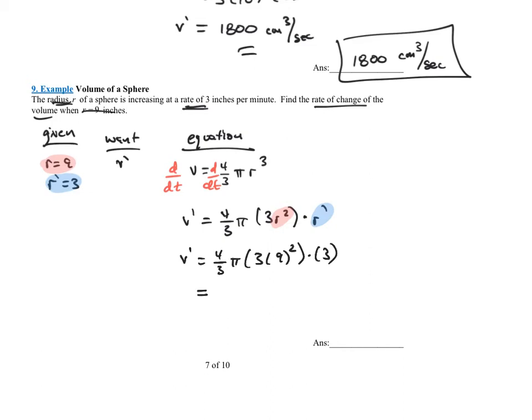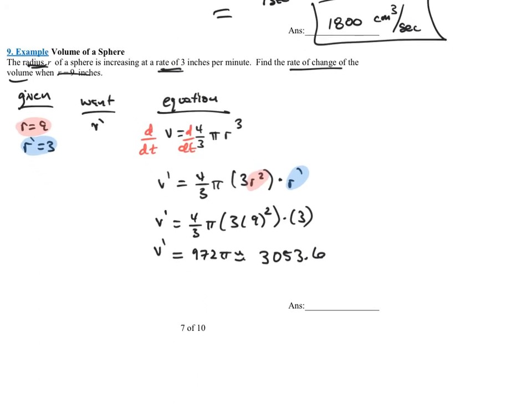Hit enter, and I'm getting 972 pi. But that's not what I want. I want the decimal approximation, so I hit the double arrow button, and I'm getting about 3053 point, let's just do one decimal. How about 0.6?